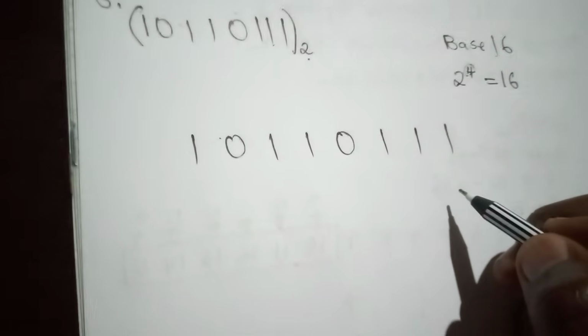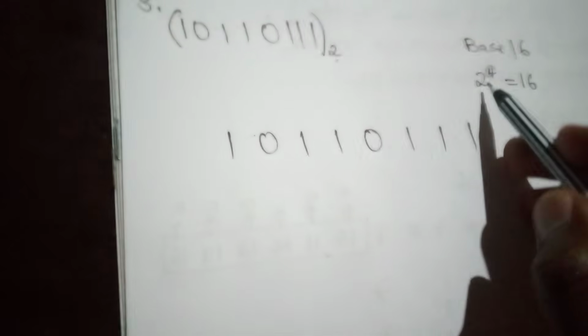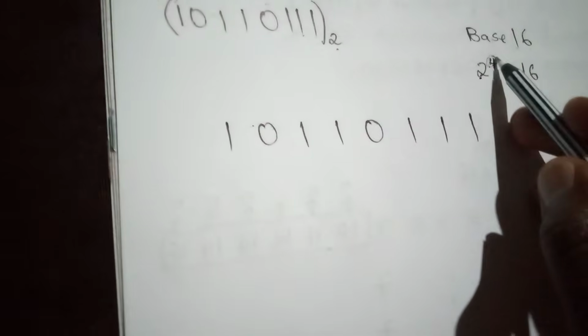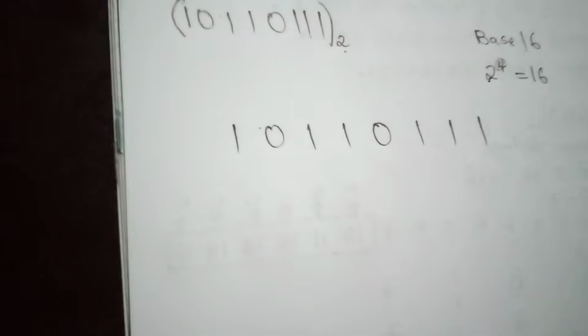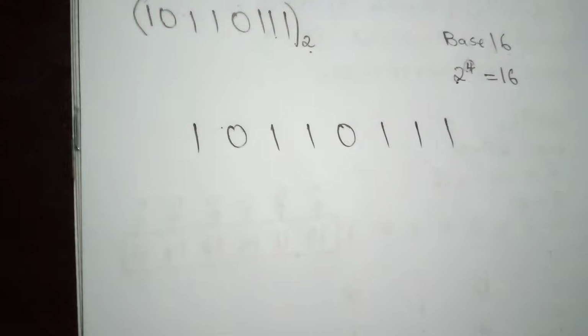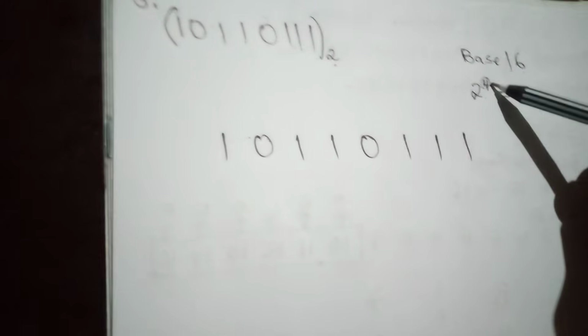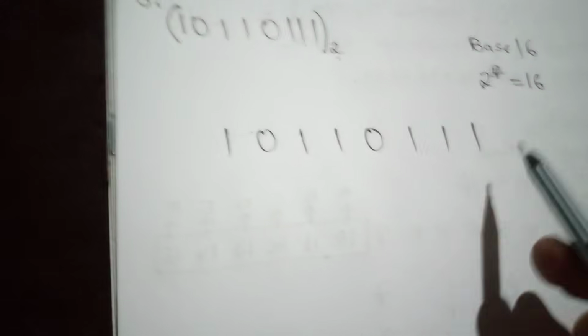Like I was saying, since 2 can be raised to power 4 to obtain base 16, which is the hexadecimal, that simply means you are going to group these binary numbers in groups of 4 each.